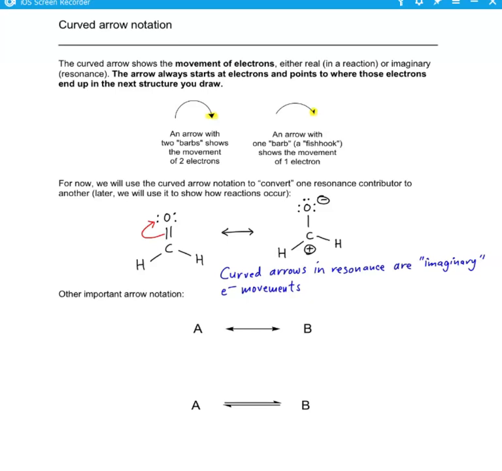So the electrons in this case, remember, delocalization means that the electrons are not confined to a particular bond or a particular atom. What we see in formaldehyde is that electrons are spread out between the double bond and the oxygen. So they're being shared by those two points in the molecule. So the electrons are not moving, but rather they are delocalized.